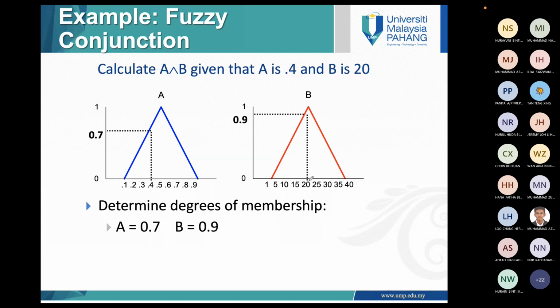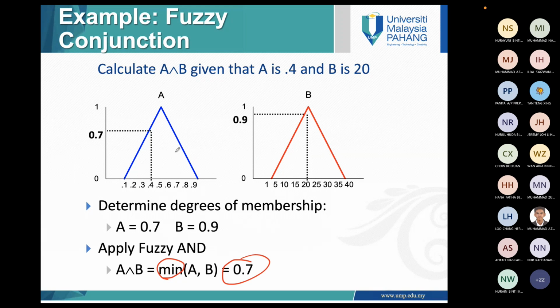Then for B, the value is 20, and mapping it we get 0.9. We apply the fuzzy and, A conjunction B, so we take the minimum value between 0.7 and 0.9. So we choose 0.7. The answer is 0.7.